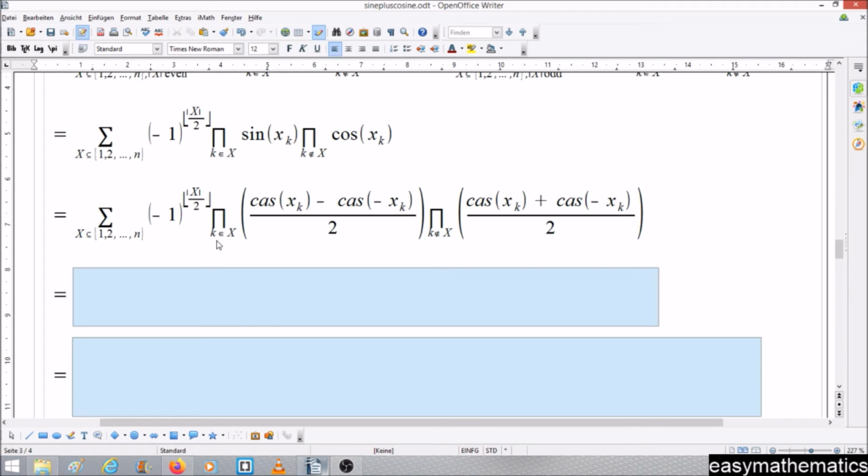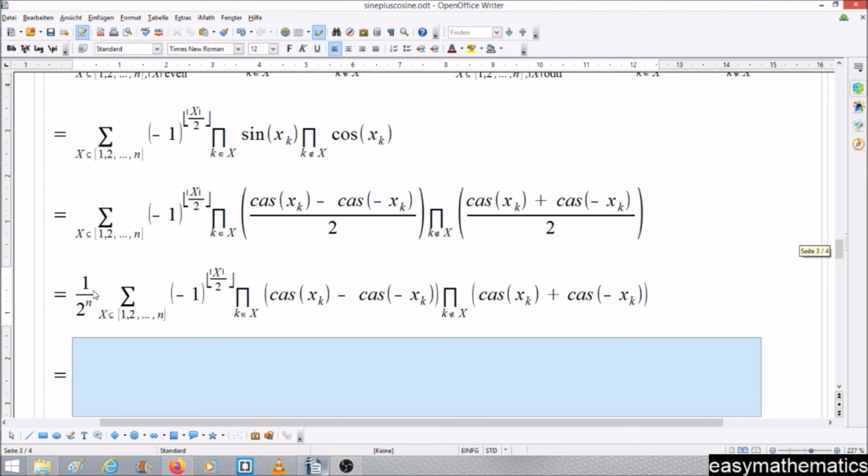So k runs from 1 to n, and k is in the subset or it's not in the subset, so we have n 2's here, and we factor them out. So we have 1 over 2 to the n and then the sum over all subsets times this product over the difference of cos terms and the sum of cos terms.